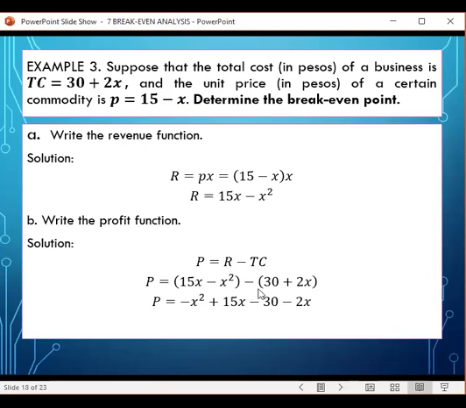Take note, on the rules of subtraction, you need to change the sign of the subtrahend and proceed with addition. So you have to change the sign of 30 and 2x. So you get negative 30 and negative 2x. So simplifying this one, you need to combine like terms. So our like terms, 15x minus 2x, you get 13x. The rest is being copied only. So the function for the profit is equal to negative x squared plus 13x minus 30.